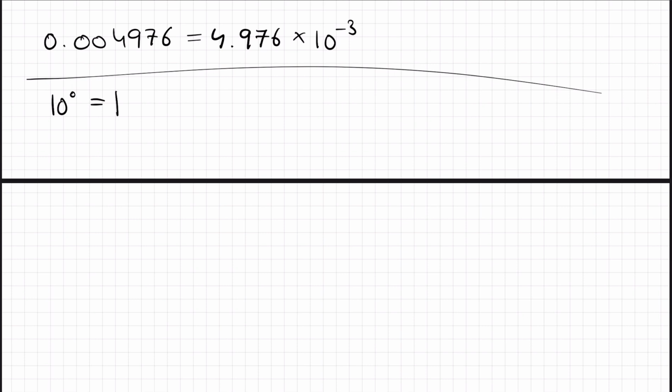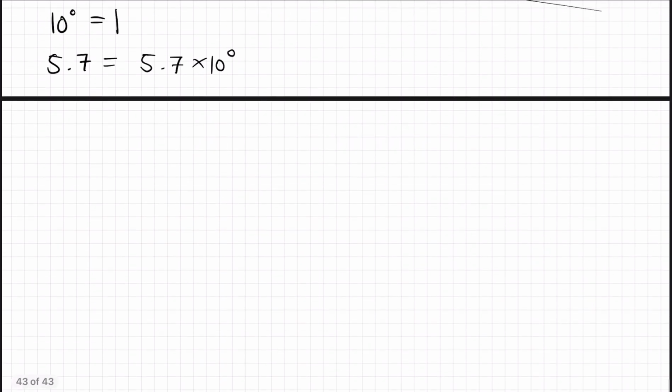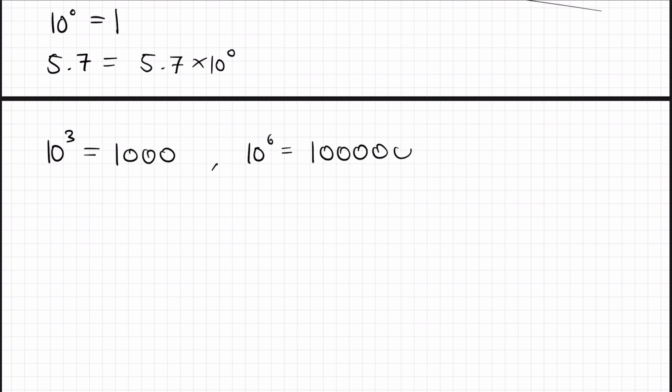If you want to convert 5.7 into standard form, you just put 5.7 times 10 to the 0. It's also good to know that 10 to the 3 is 1,000, 10 to the 6 is 1,000,000, and 10 to the 9 is 1,000,000,000.